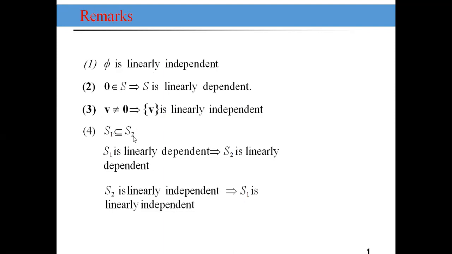And S1 is a subset of or equal to S2, where S2 is the superset and S1 is the subset. If S1 is linearly dependent, then the superset S2 is linearly dependent. If S2 is linearly independent, then the subset S1 is linearly independent.